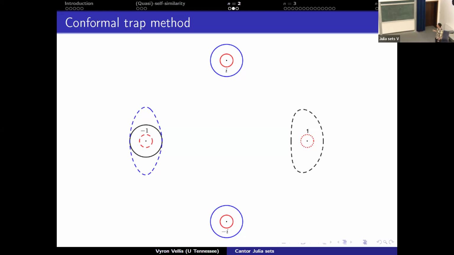And when you do a careful analysis, one can prove that, in fact, there is only a Cantor set formed by a defining sequence of disks starting from these 2 that is not trapped, and that's the Julia set. Everything else is going to be eventually trapped, and that's going to be the Fatou set. Of course, I kind of lied here. That does not give you the actual standard Cantor set, but there is a way to work around this.